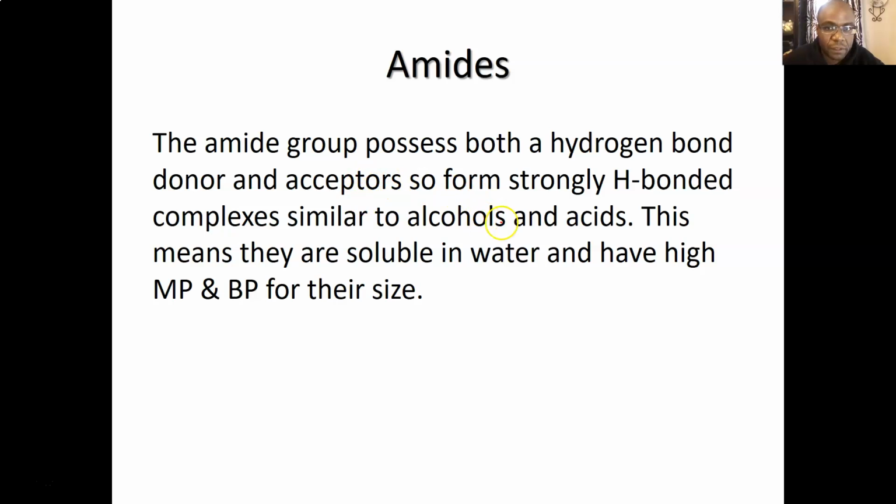Okay, in terms of intermolecular forces, because you have hydrogens bonded to the nitrogen, one can expect hydrogen bonding between one amide group and another, right? And that helps to hold peptides or proteins together.